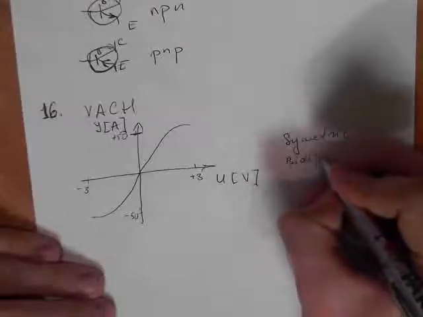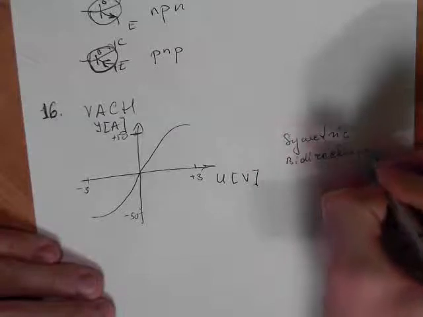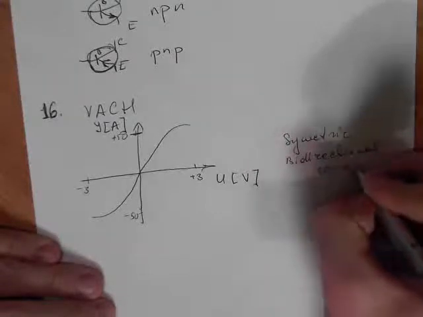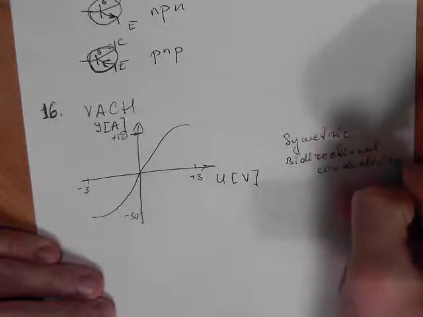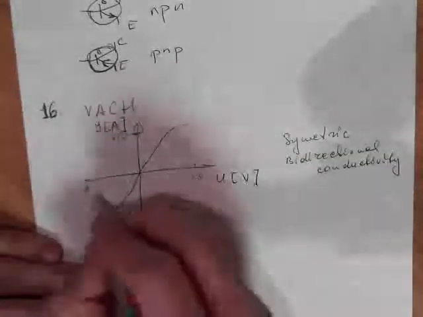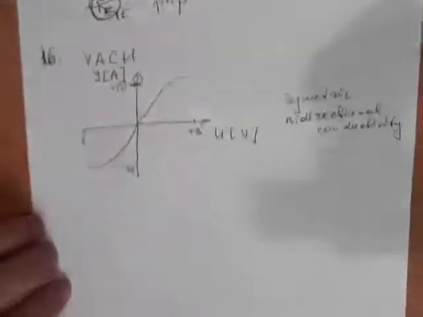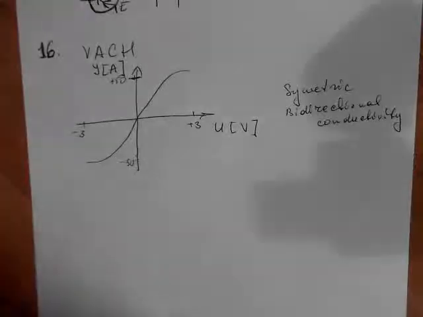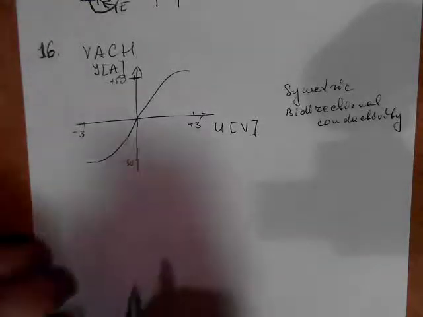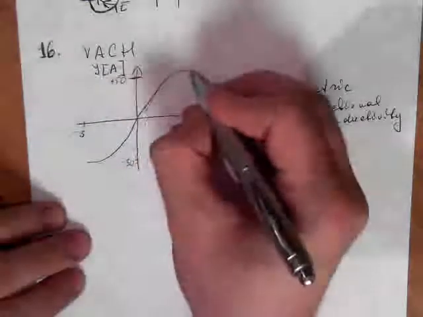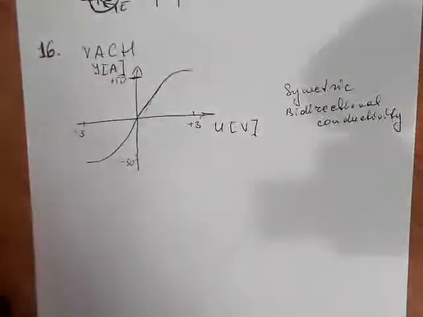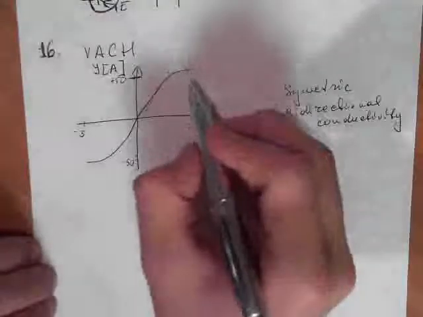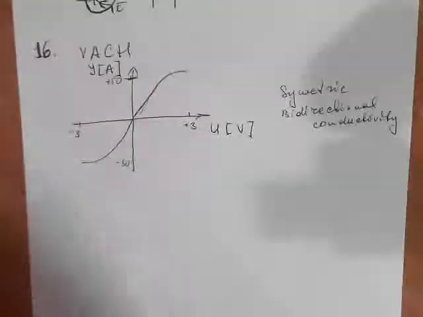The light bulb has bidirectional conductivity, as we see current flowing here at minus voltage and here at plus voltage. This is some kind of linear part, this is a non-linear part, but in general, as the curve saturates, the curve is non-linear.